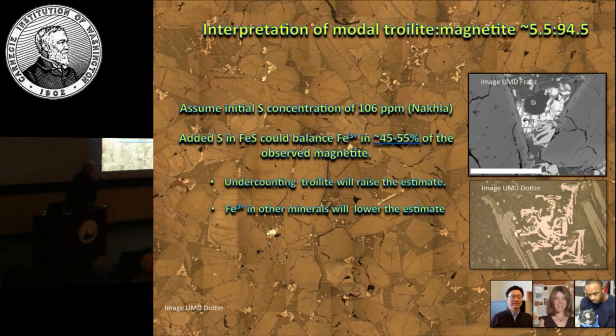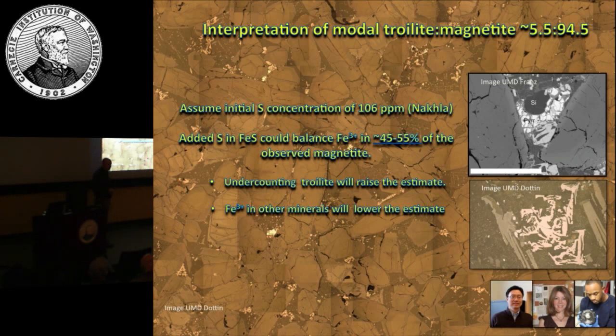If you count up that, you can account for about 45 or 50% of the observed magnetite just by the troilite that's in the rock. Now, if the troilite was undercounted because it was weathered, and you can see here how it breaks up, then this would be a minimum estimate, so the estimate would be higher. If you have other iron 3+ in the minerals, which is known to exist, this will be a lower estimate.